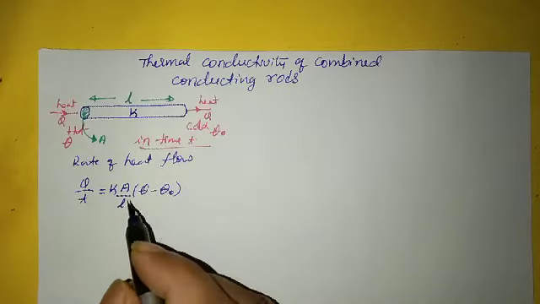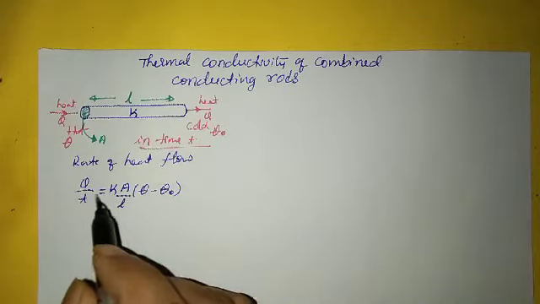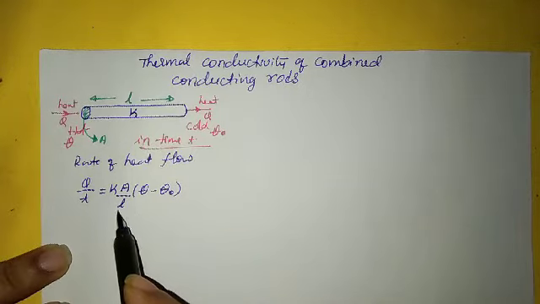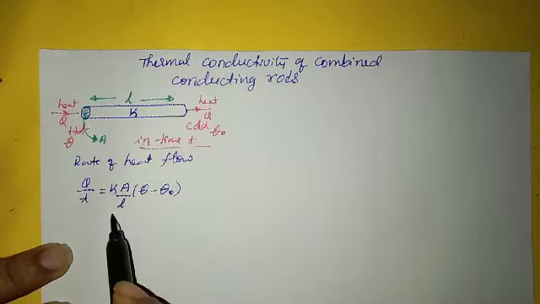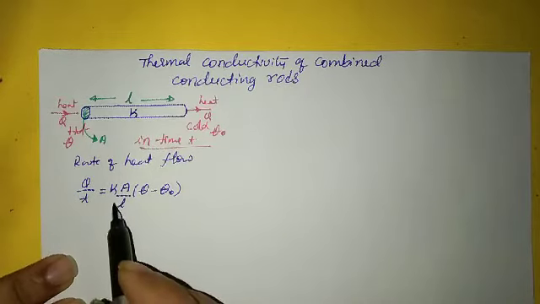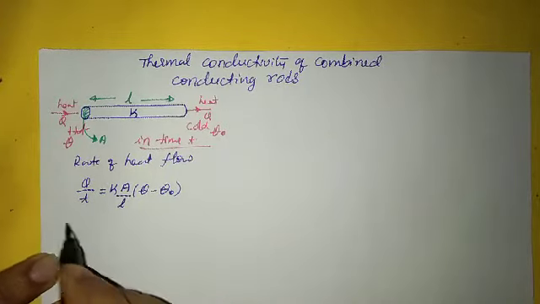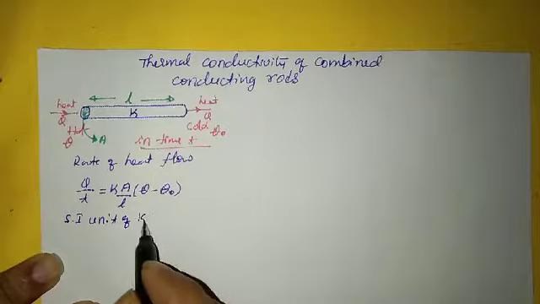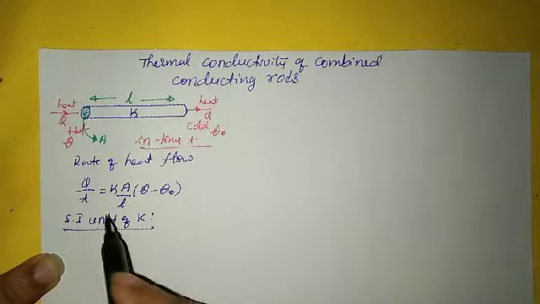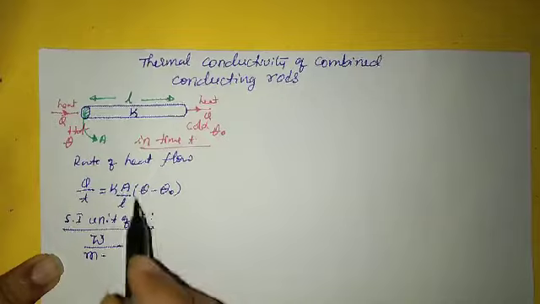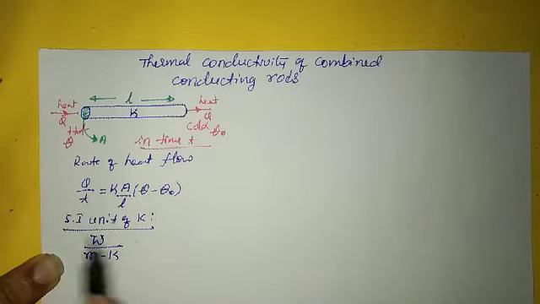Now the rate of heat flow will be more when there is a larger area, and more if the length of the conductor is less. Otherwise, we can simply say the SI unit of K is watt divided by meter, per degree Celsius, otherwise Kelvin in SI.